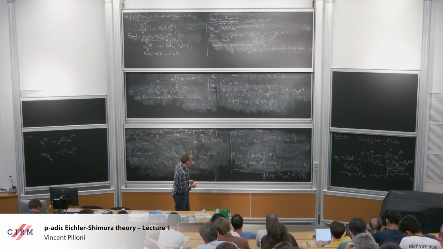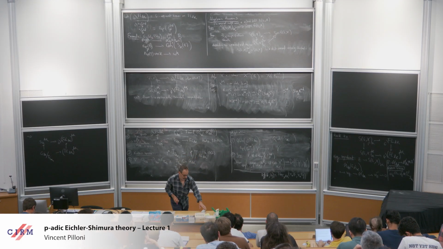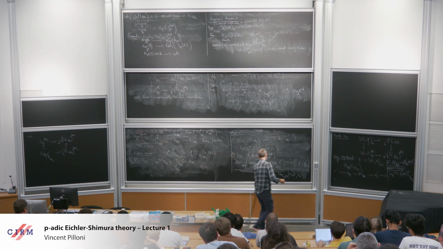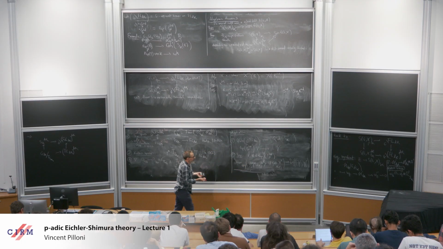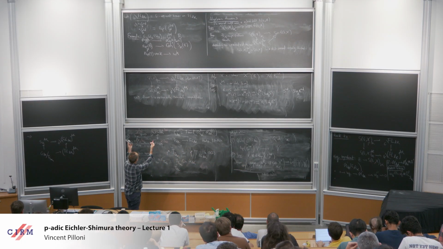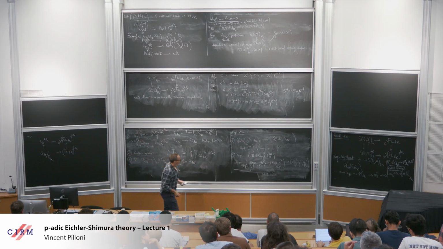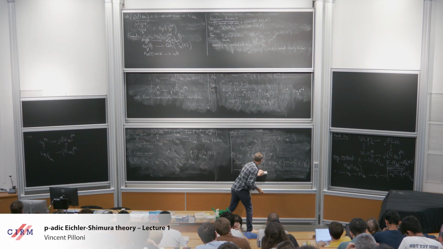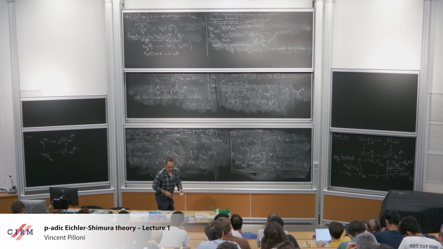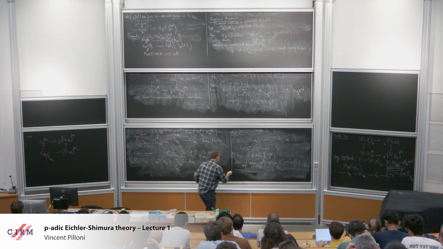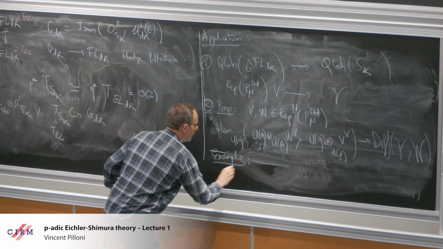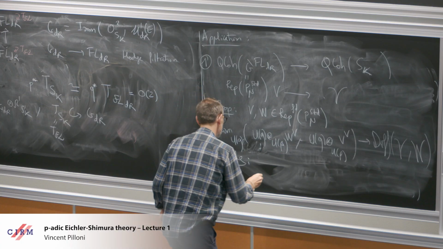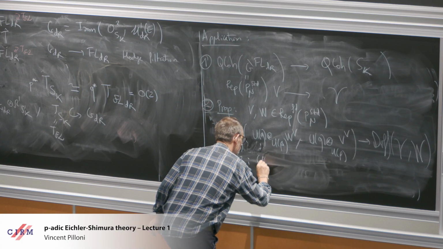I don't have time to explain, but I claim that this proposition becomes extremely formal once you have written up this diagram. And just to give you an illustration of this formula, let me give one example. Let's do this again for GL2, which is SL2 for us.